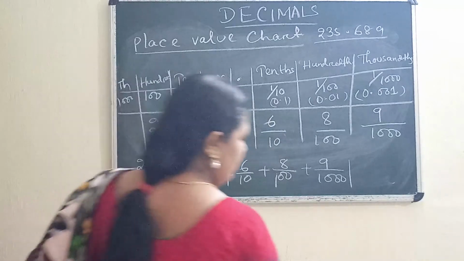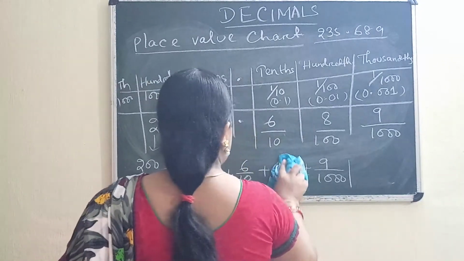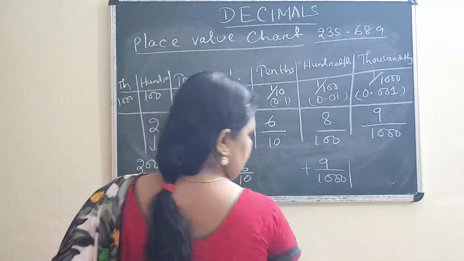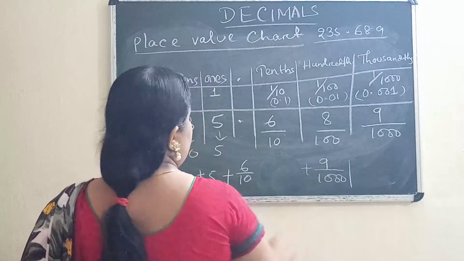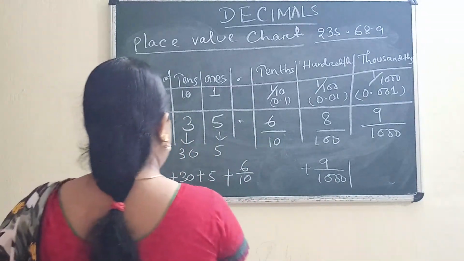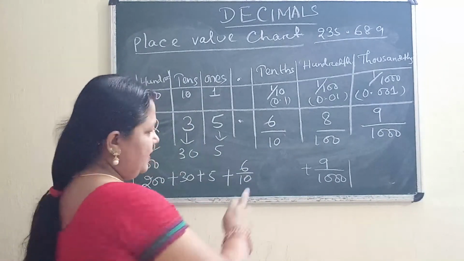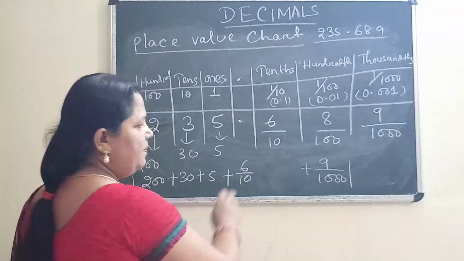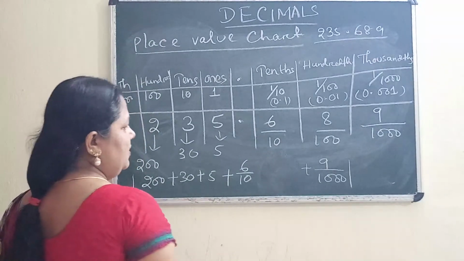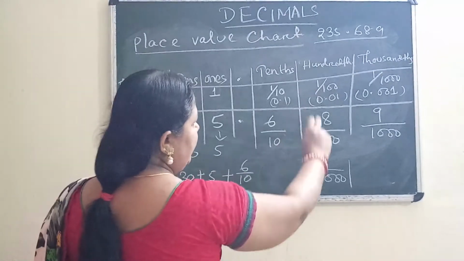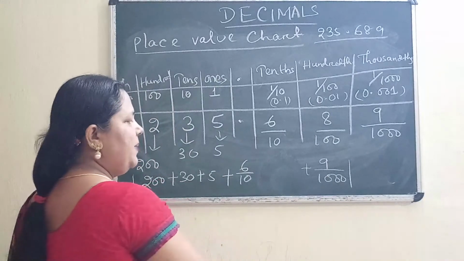Okay. If a place is missing, after 6 by 10, only 9 by 1000 is present. So what will you write? That means some place is missing. There is an absence of some place. What is that? The hundredths place is missing. So what will you represent here?